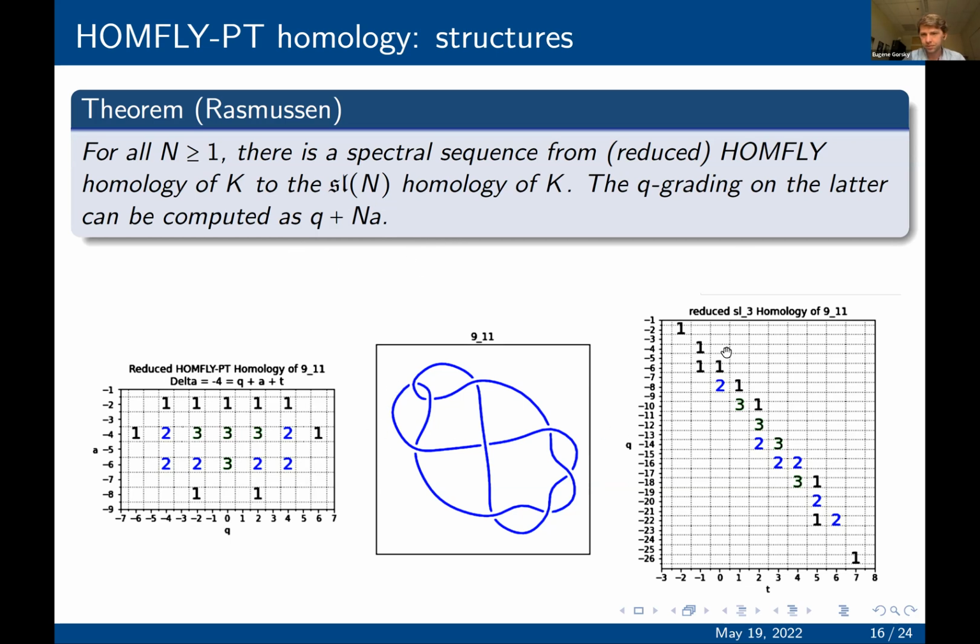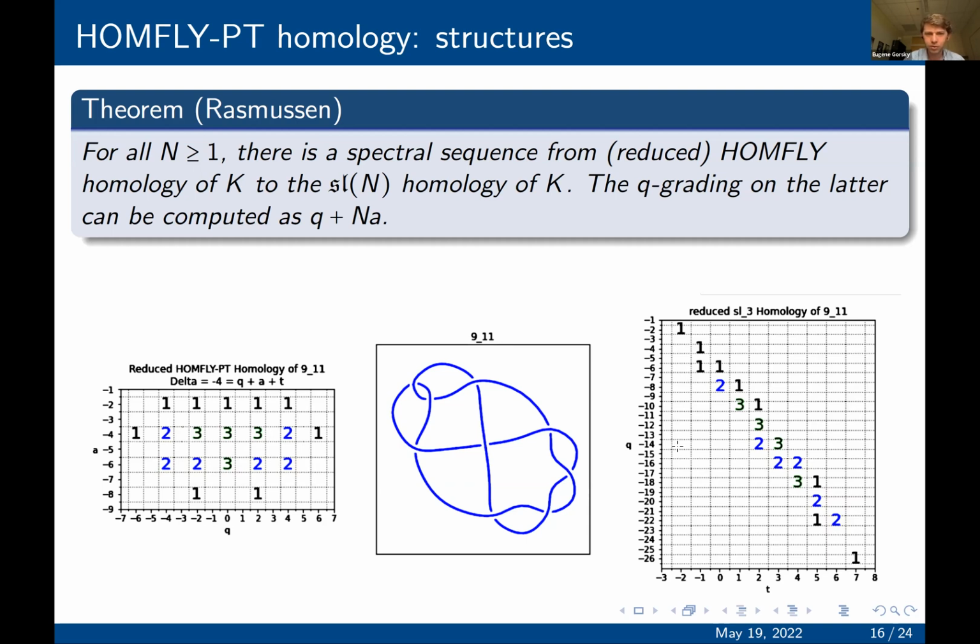If you tilt your head and think a little bit, you can recognize this picture and the picture on the right. I think I swapped the axes q and t to save space. I think this is the picture that many of you are familiar with in SL_3 homology and SL_2 homology. I think this picture is actually taken from Lukas Lewark's computations of SL_3 homology.